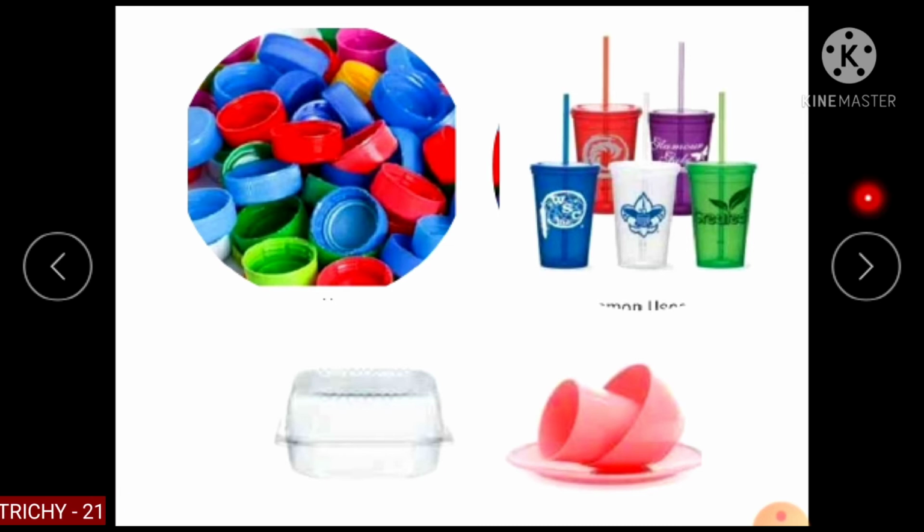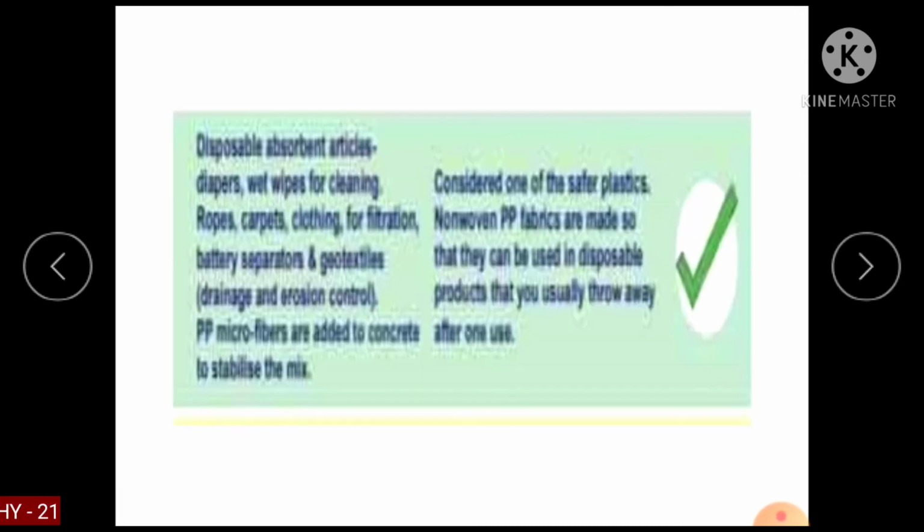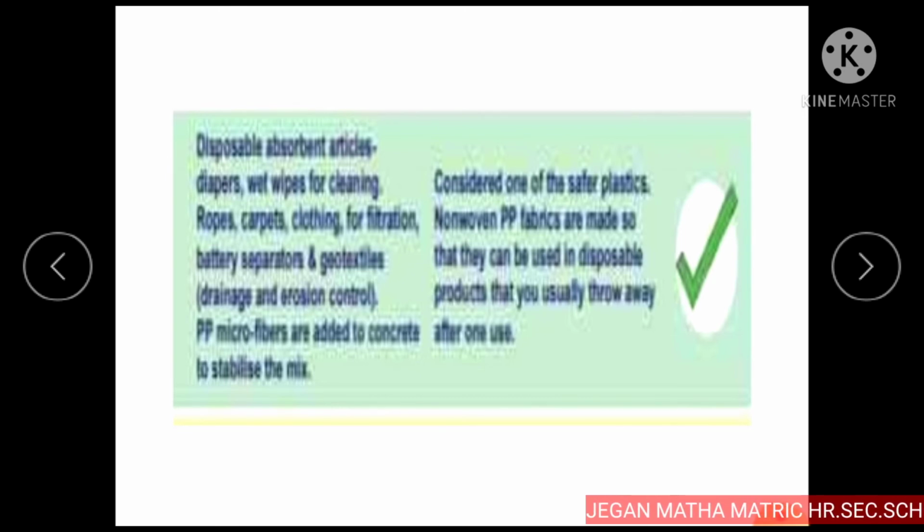Polypropylene microfibers are added to concrete to stabilize the mix. This plastic is considered one of the safer plastics. Non-woven polypropylene fabrics are made so that they can be used in disposable products that we usually throw away after one use.